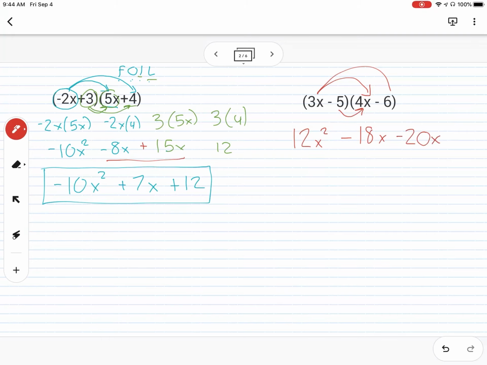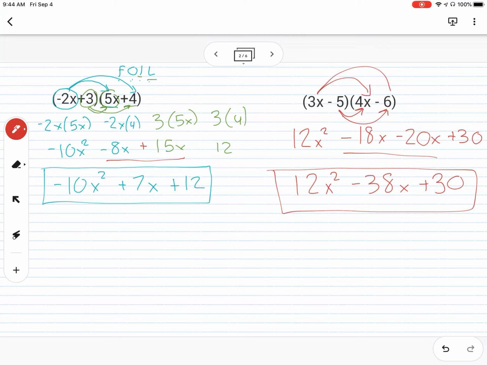Negative 5 times 4x is minus 20x. And negative 5 times negative 6, positive 30. Right. Combine like terms, that would be negative 38x. Bring down the other two. Final answer.